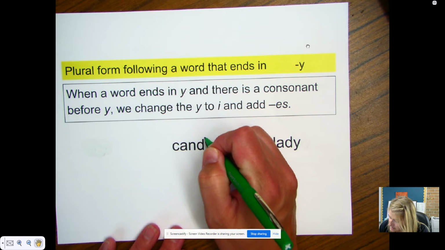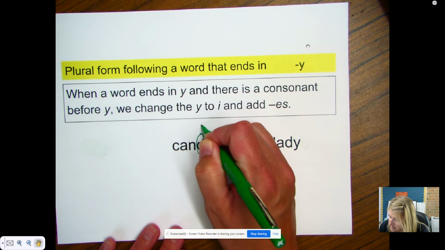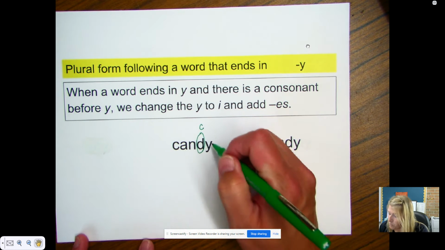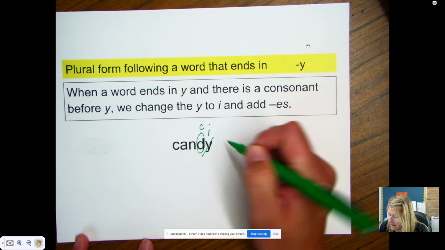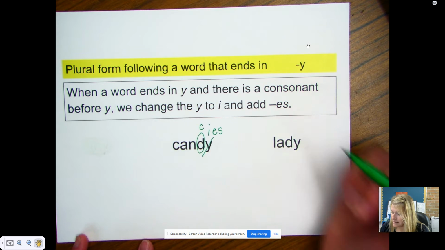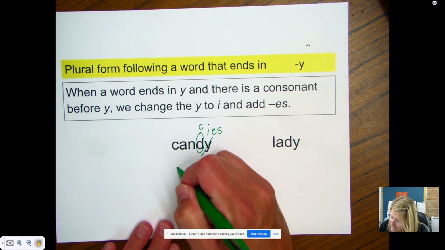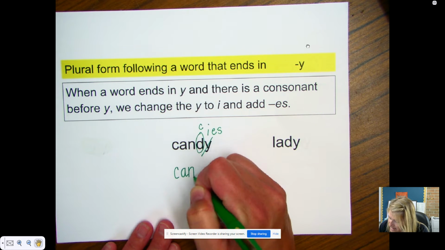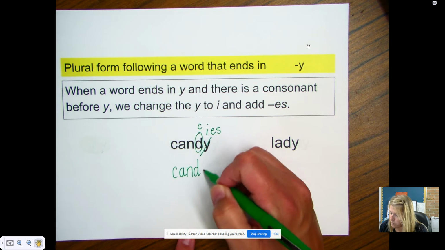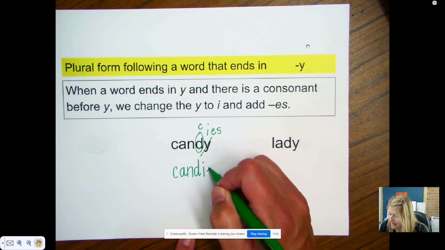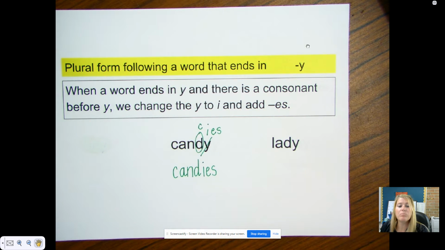Sure is. So since it's a consonant, I'm going to put a C for consonant. The Y gets changed to an I, and I add ES. So I'm going to write candy with this rule. C-A-N-D, change the Y to an I, and add ES. So the plural form of candy is candies.